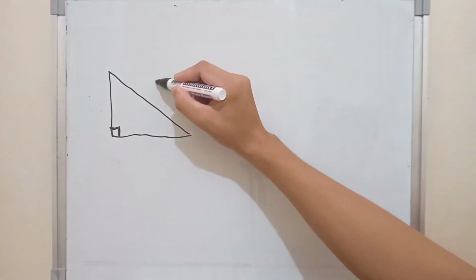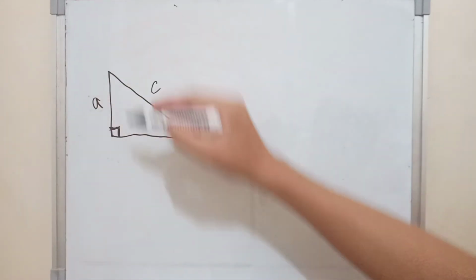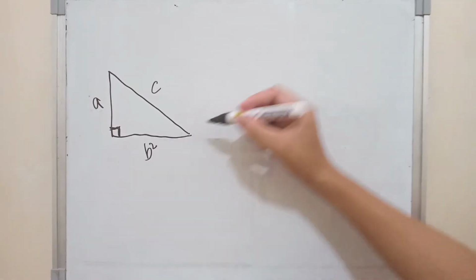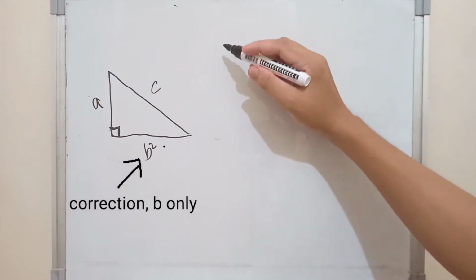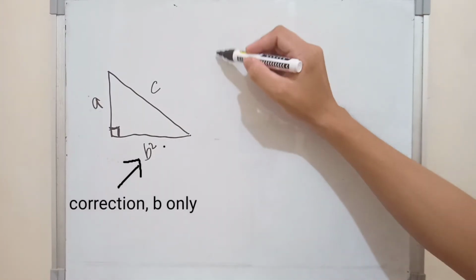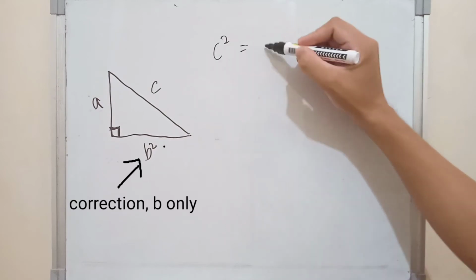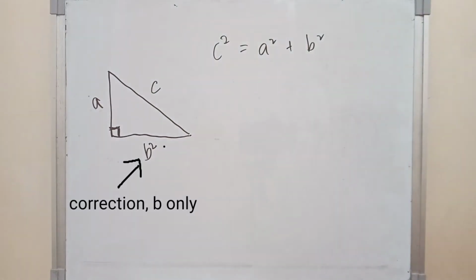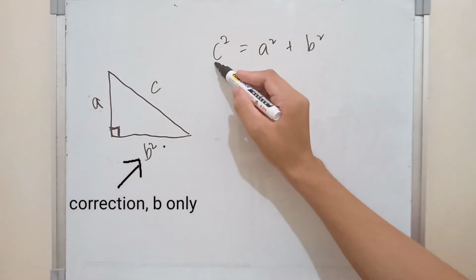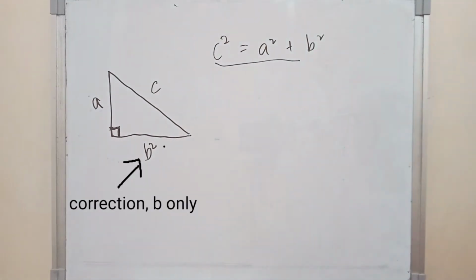Label na natin to ng C, A, B. So, according to the mathematical expression ng theorem, C squared equals A squared plus B squared. Ito yung Pythagorean Theorem.